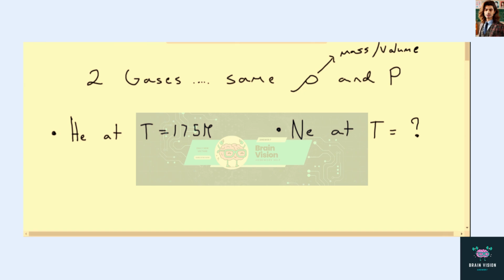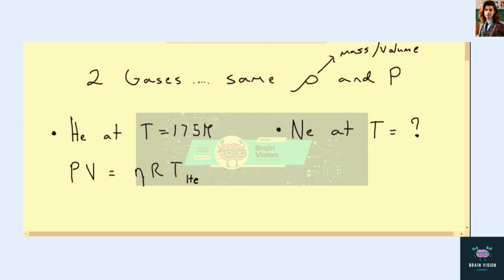So the place we're going to start is with the ideal gas law, since we know these are ideal gases. And I'm going to write one ideal gas law for our helium over here and one ideal gas law for our neon. So for the helium, we'll have PV equals nRT. I'm going to put a subscript on the T because this is the temperature for helium.